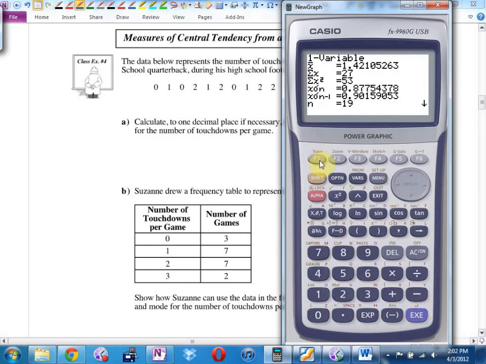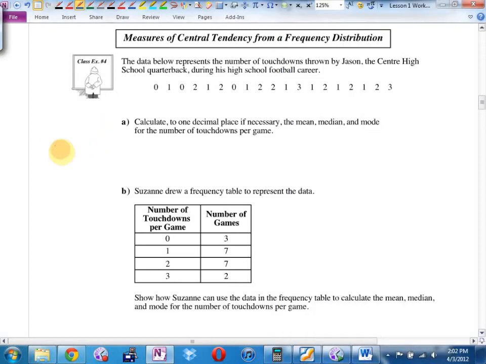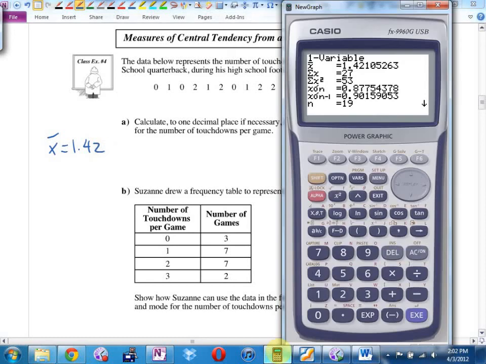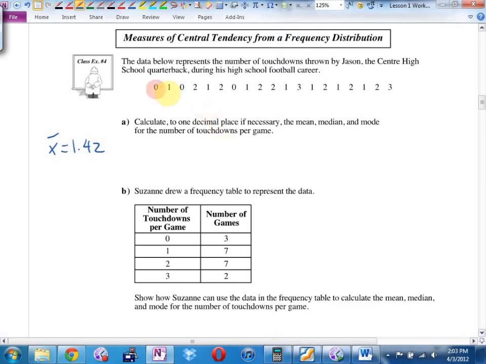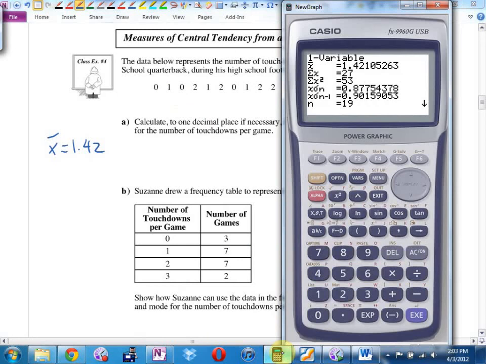Okay. What's the mean? You guys get 1.42? Mean, 1.42. You got it okay, Boston? Yeah. Good. We're not using that.